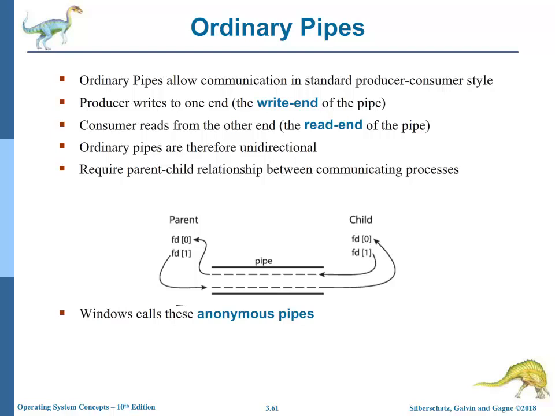Ordinary pipes on Windows systems are termed anonymous pipes, and they behave similarly to their Unix counterparts. They are unidirectional and they employ a parent-child relationship between the communicating processes.